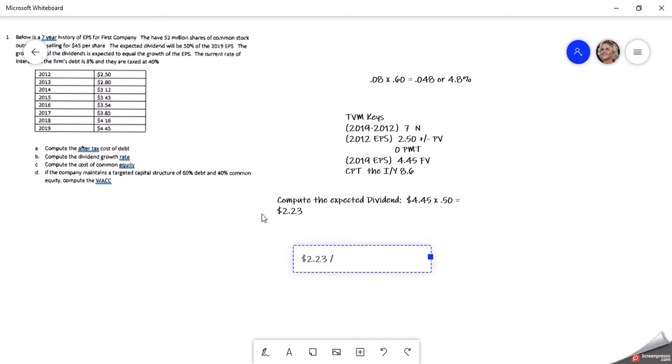So up there, kind of behind my little arrow, $45 a share. And then we're going to add to that our growth rate, which is the 8.6%. So I'll take the 2.23 divided by 45, and that gives us 0.04956, and then plus, converting that growth rate back into a decimal, the 0.086.